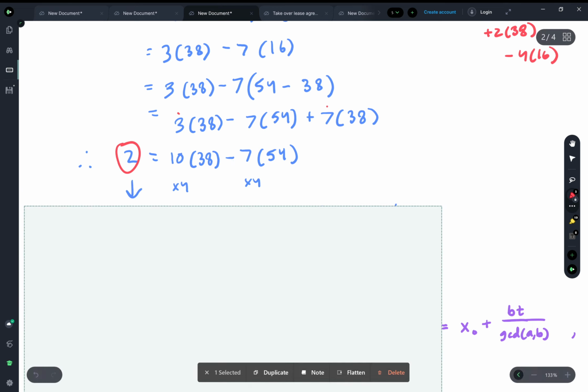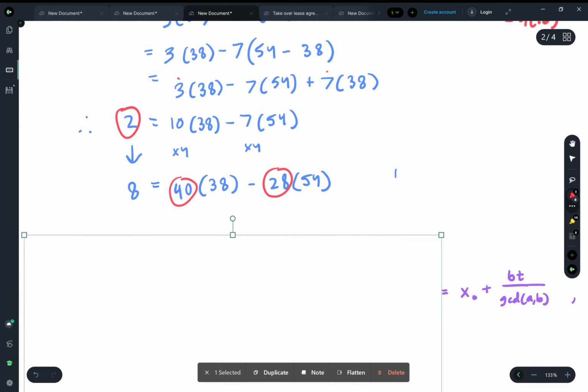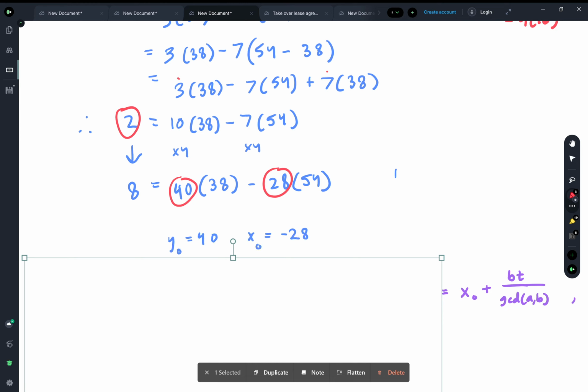So the 2 becomes an 8, the 10 becomes a 40, and the 7 becomes a 28. That gives us our x0 and y0 values: y0 equals 40 and x0 equals negative 28.